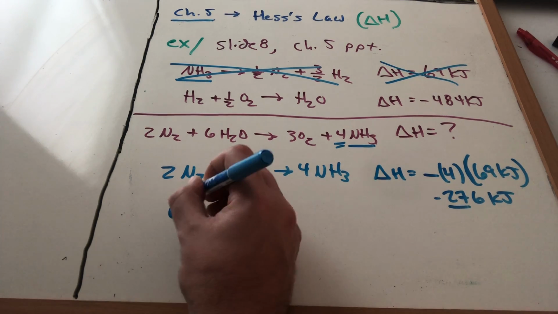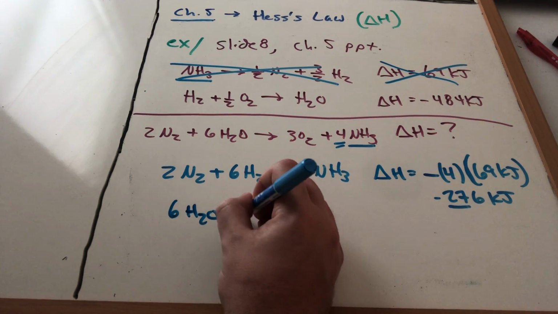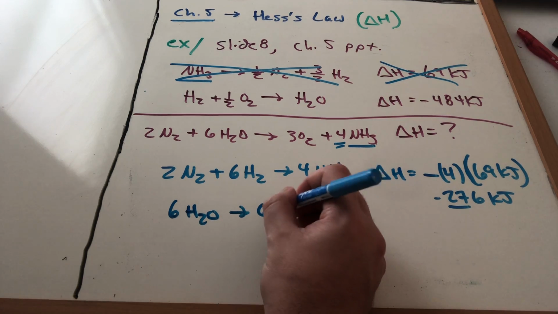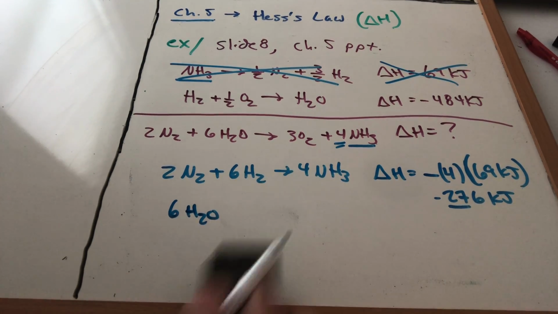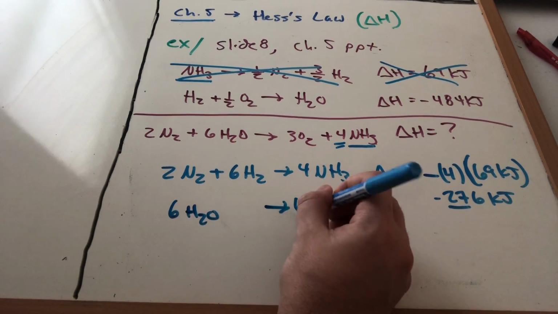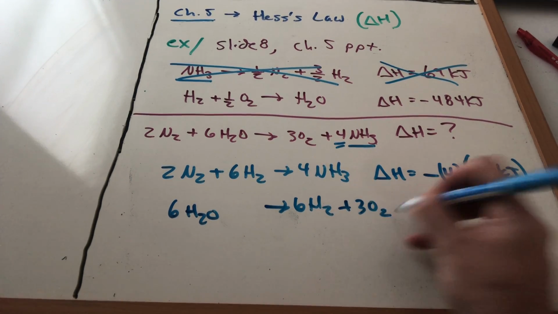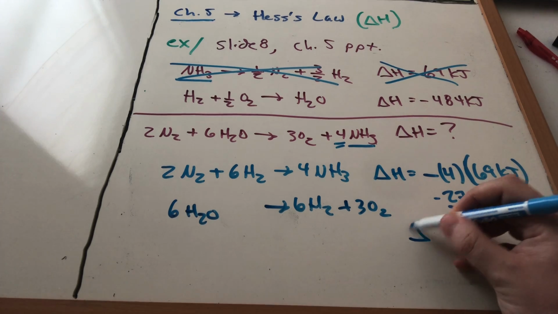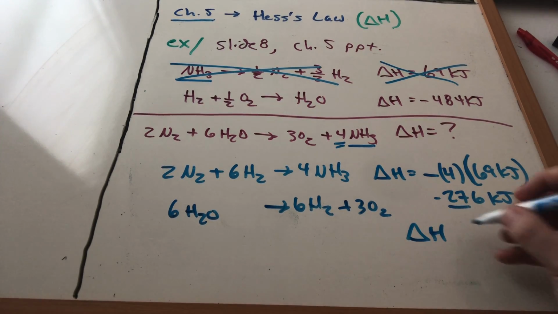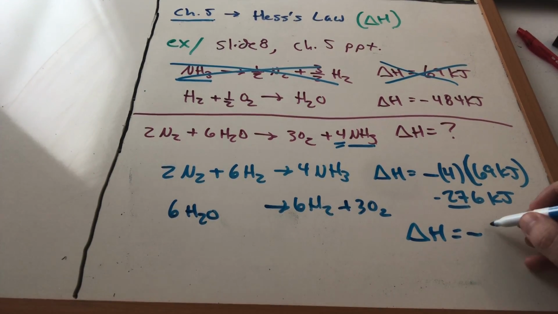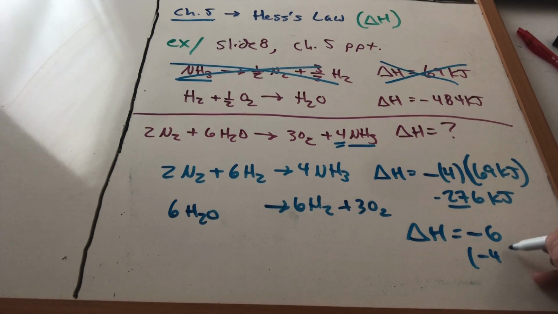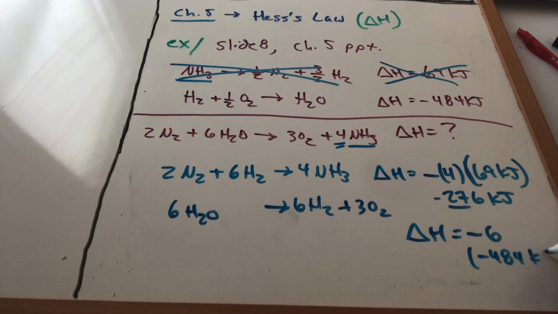So we're going to get 6 H2O gives me, let me write this over here, 6 H2 plus 3 O2. Now, if you think about what you did to this reaction's delta H, you flipped it and you multiplied by 6. And the original delta H was minus 484 kilojoules.